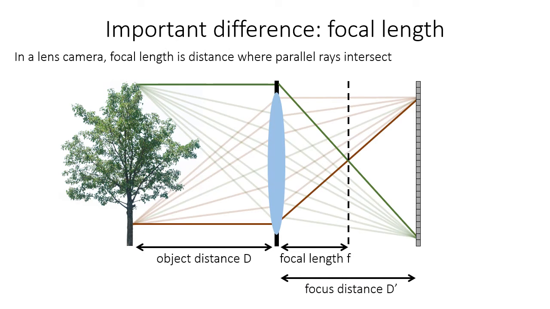But for a lens camera, focal length is not to this image plane, but to here. This point is where parallel rays intersect. So the focal length is reduced to half of this focal distance, d prime. So it is the important difference. So you remember it.